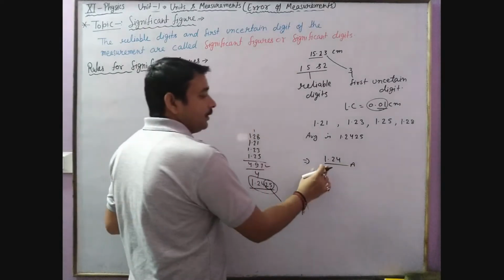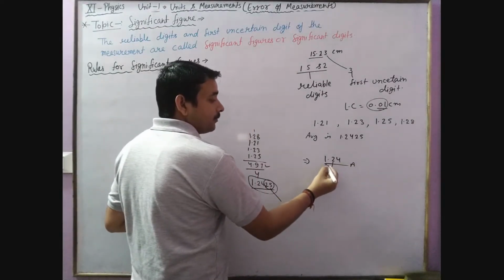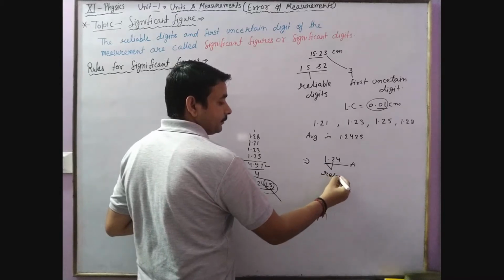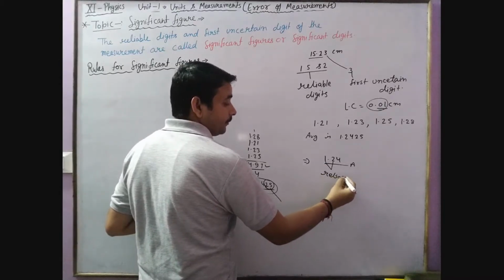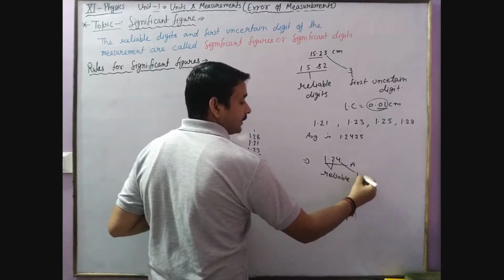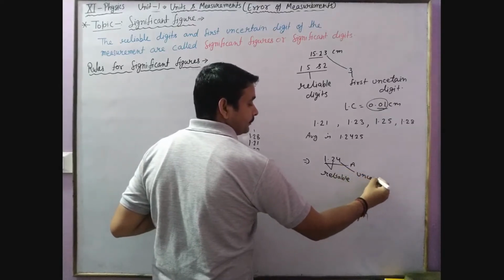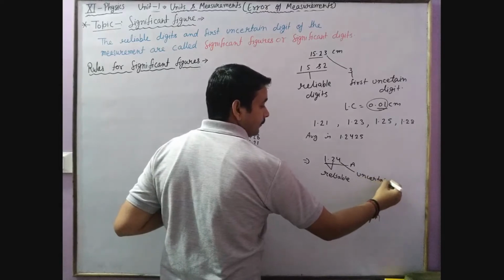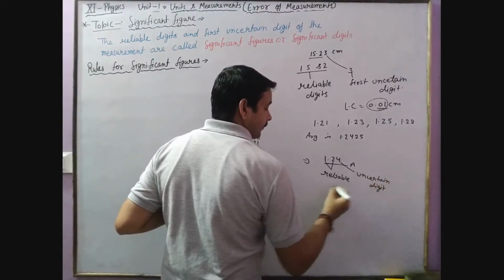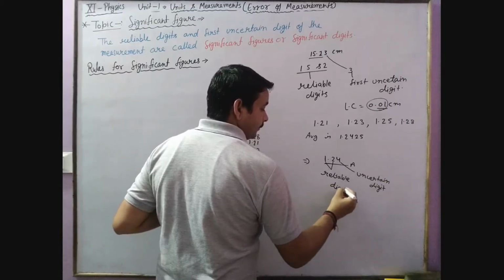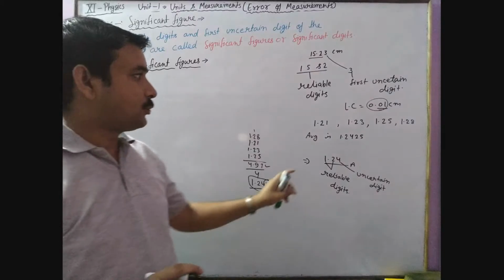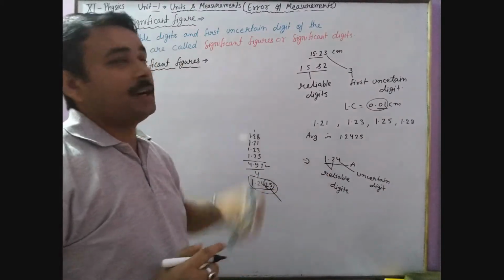That means these two are the reliable digits, and 4 is the first uncertain digit. Maybe you have easily understood about significant figures.